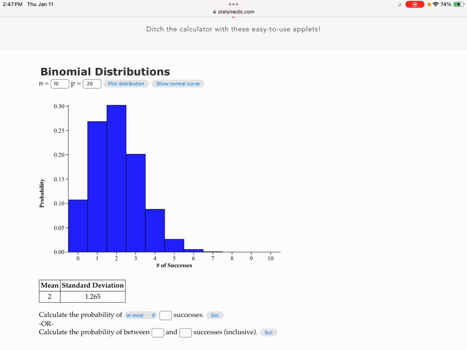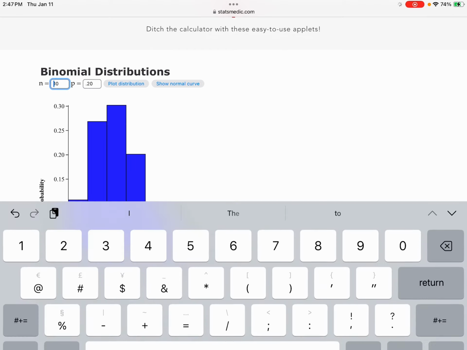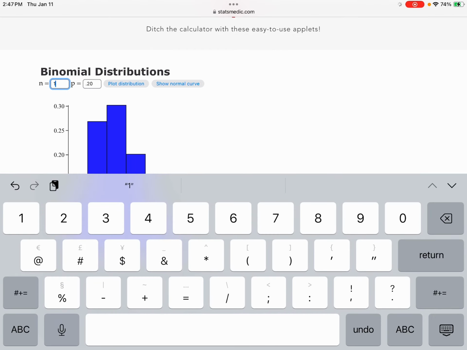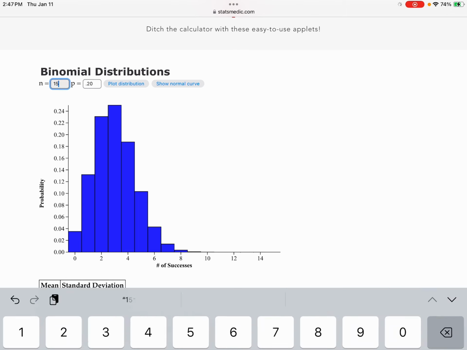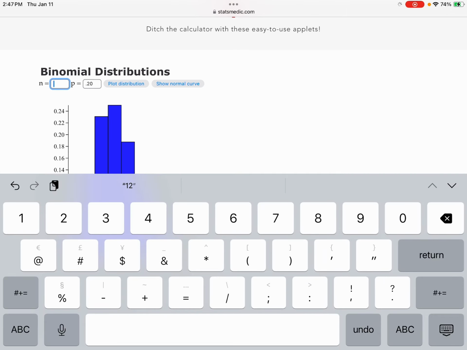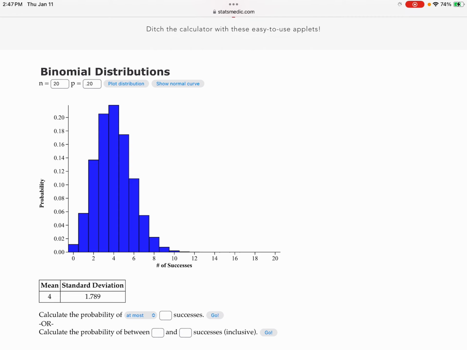Because have I collected enough Skittles to have 10 successes and 10 failures? Well, no, I've only collected 10 Skittles. What if I did 15? I still see a skew there. What if I did 20? The skew is still present, okay?